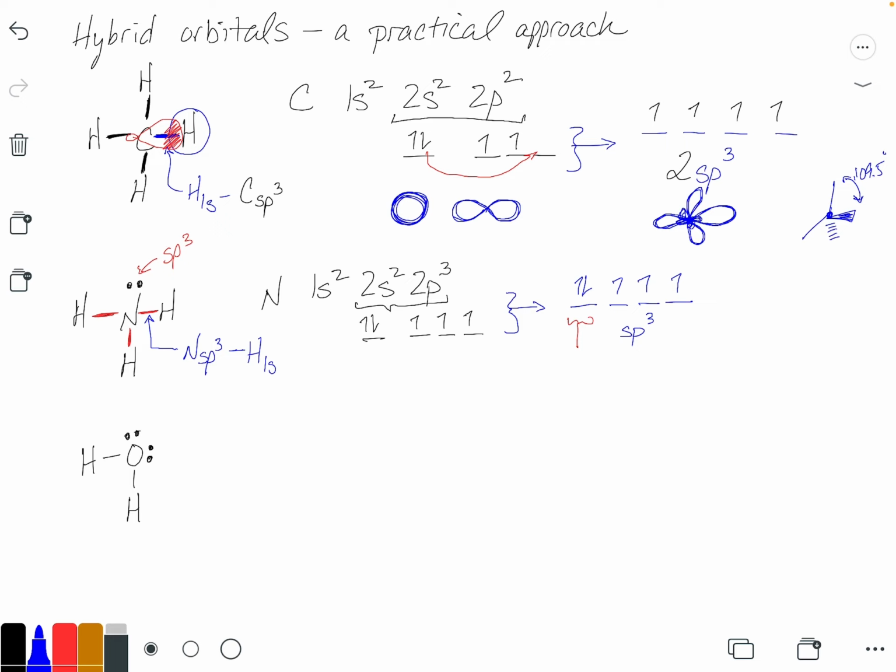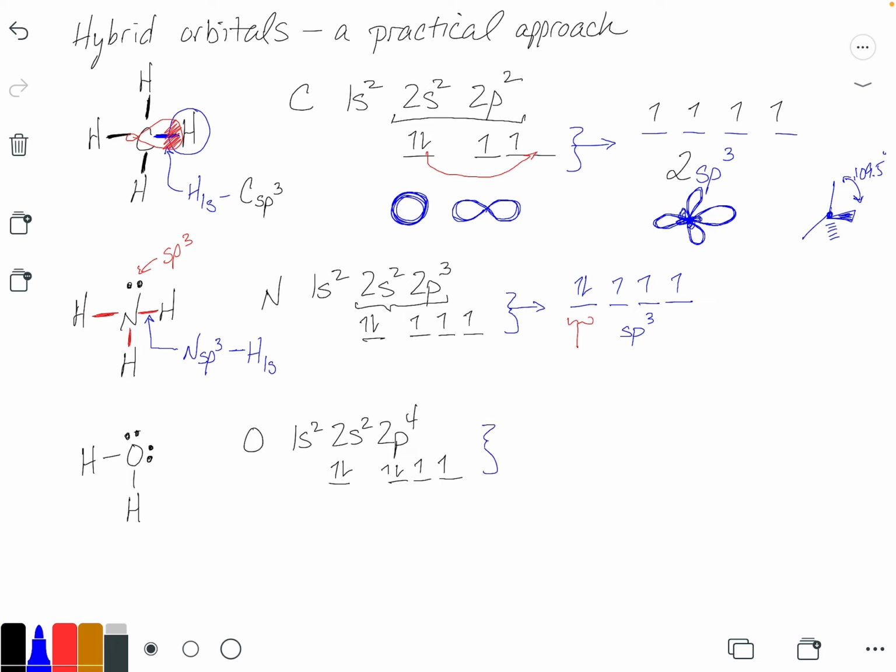And the same thing is true for oxygen down below. If I were to look at the same kind of setup, here's an oxygen, 1s2, 2s2, 2p4 now. Those valence electrons in the atomic sense would look like this. I have 6 valence electrons altogether.